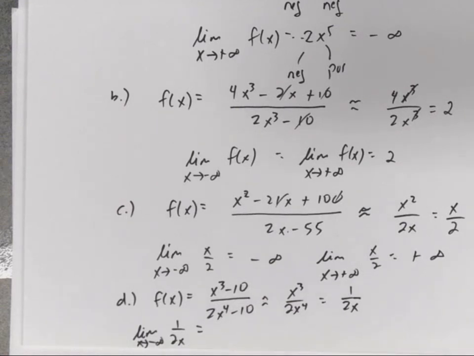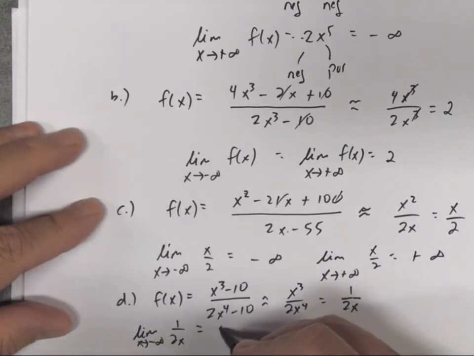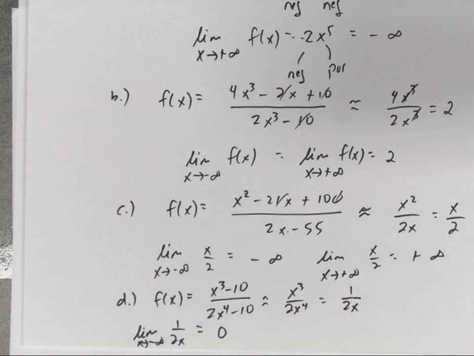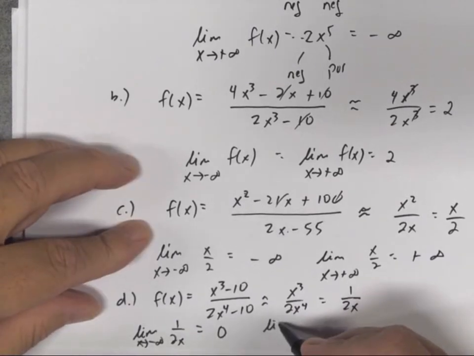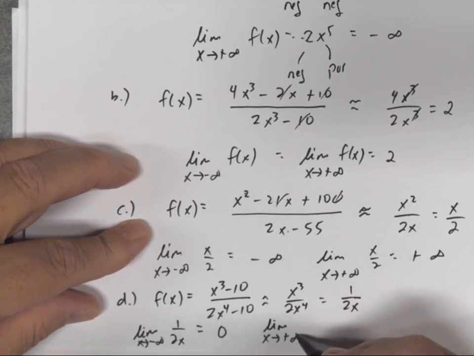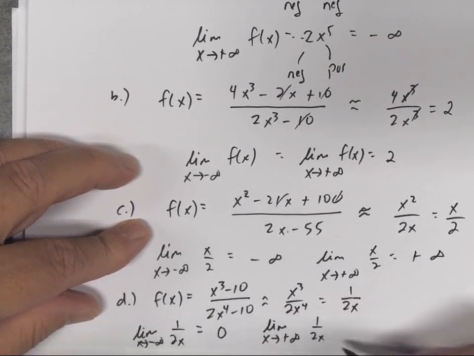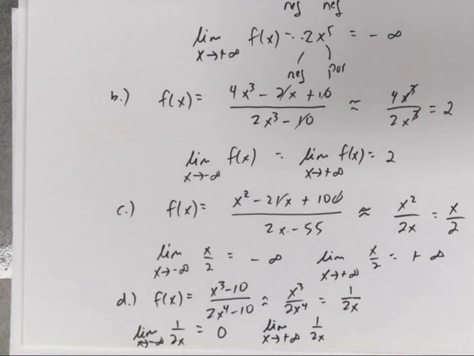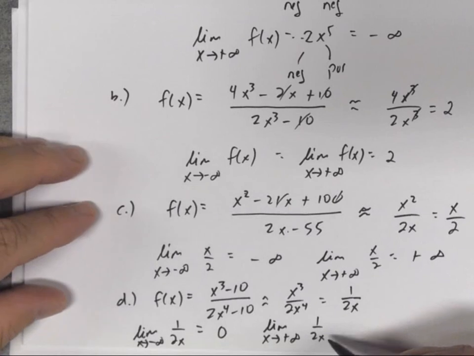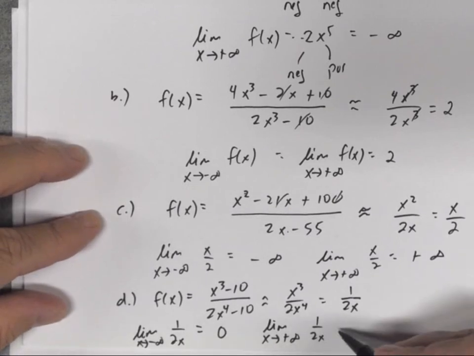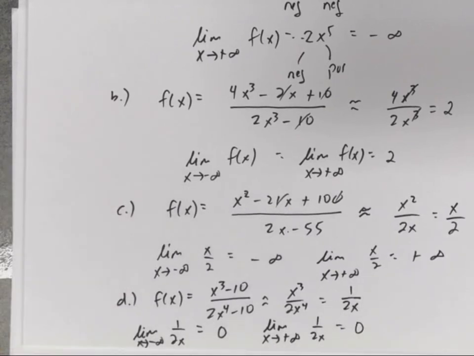It'd be a huge negative number, but it's still huge. And basically, eventually, it's going to approach 0. And if we look at x approaching positive infinity, once again, this x is going to get huge. It's 1 over a huge number. It's also going to be 0. So in this case, they're both 0.